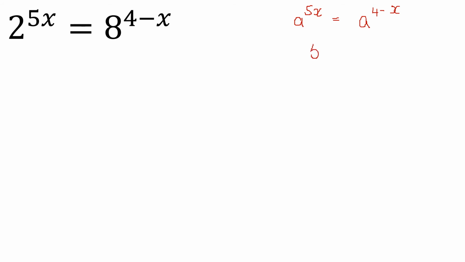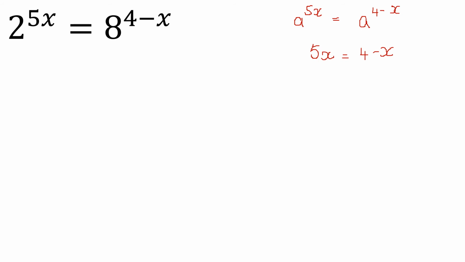So then we can just make the step of 5x is equal to 4 minus x. So this is why we need to be able to change the base values so we can get the values that we need. As our variables are in the indices, we can't just rearrange. So the first step is we need to change the base.